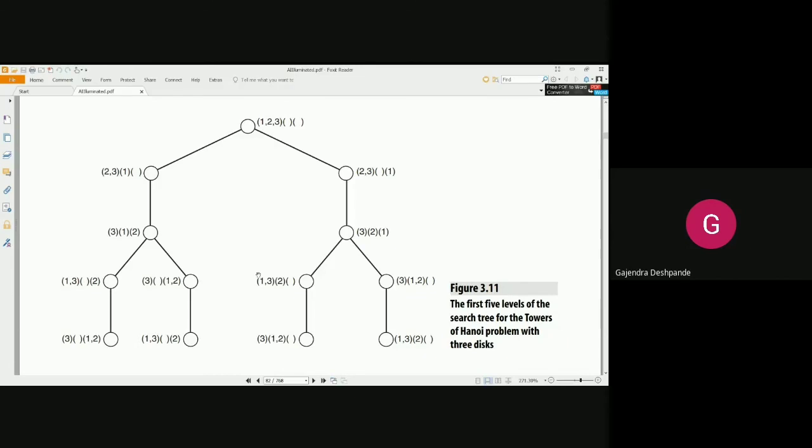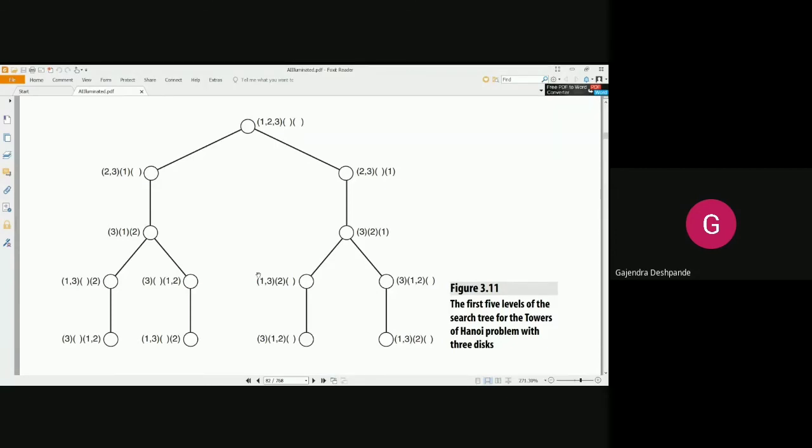So now it becomes 1, 3, and again the second is empty. Otherwise, the possibility is to move the first disk from the second peg to the third peg. Okay. So in either case, our second peg is going to remain empty.